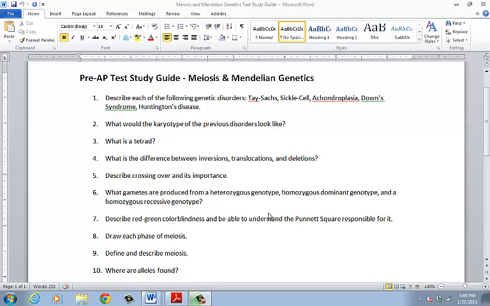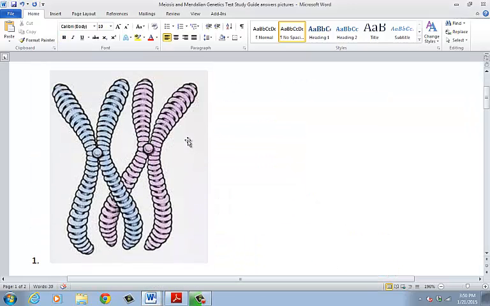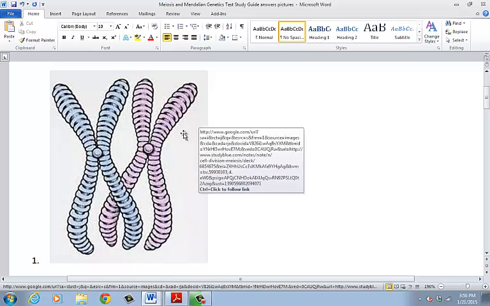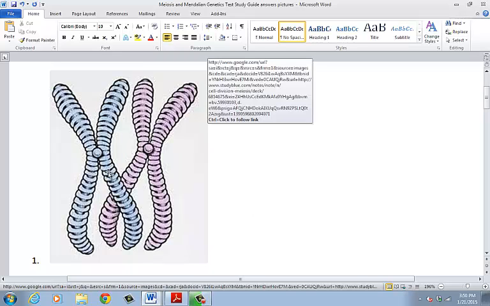All right, what is a tetrad? If we look up here to the pictures, that's a tetrad. Tetra means what? It means 4. So this is a tetrad. It is a 4-part structure that's going to form during prophase of meiosis. And it consists of 2 homologous chromosomes. So here's 1 homologous chromosome.